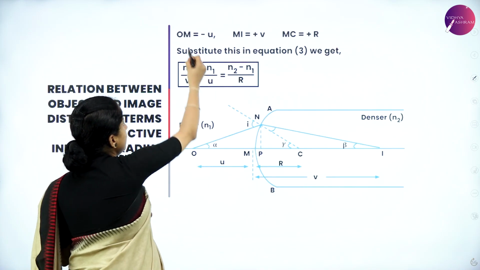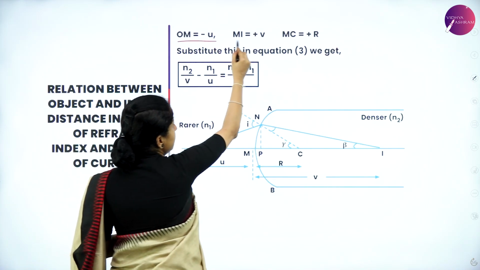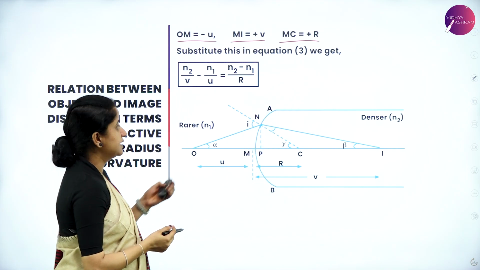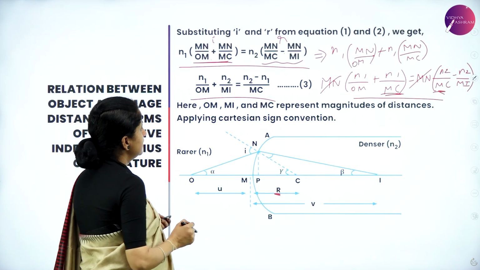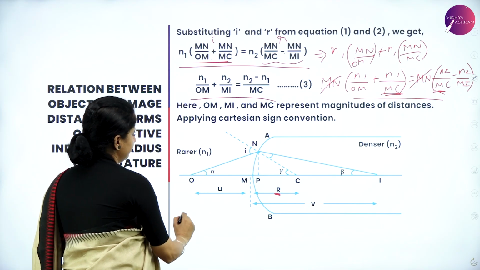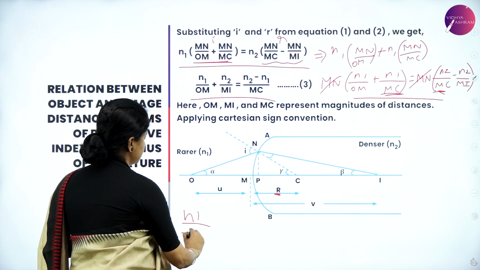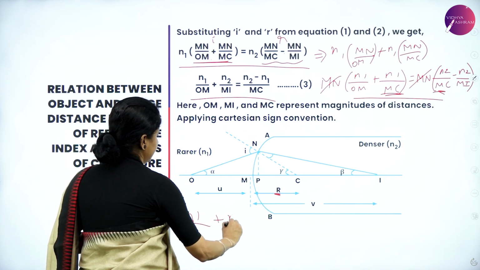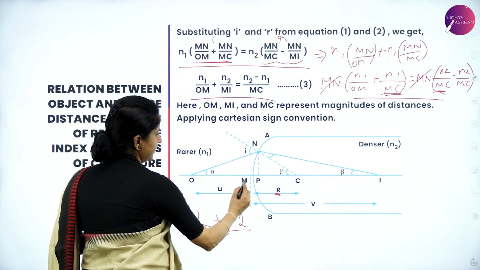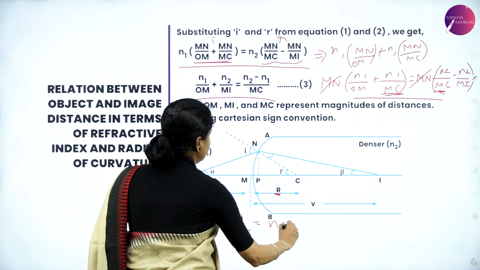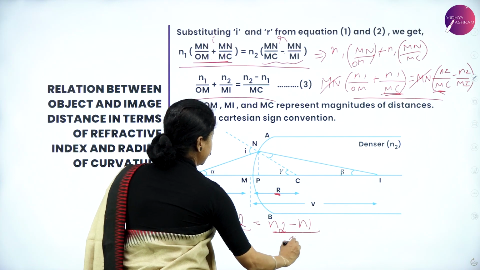So we get OM is equal to minus u, MI is plus v, MC is plus r. So substituting all these in the third equation, we get n1 divided by, what is OM? OM is minus u, plus n2 divided by MI, which is v, equal to n2 minus n1 divided by r.